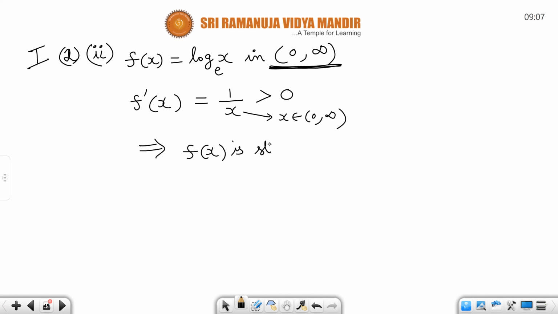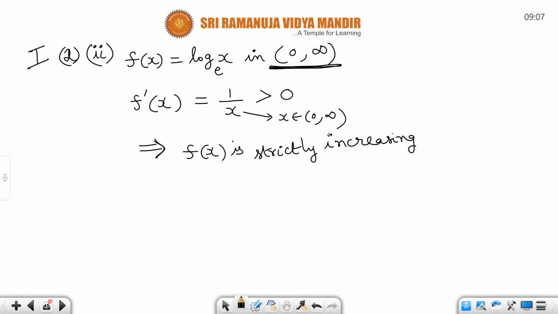F of x is strictly increasing. F dash x is positive means f of x is strictly increasing.